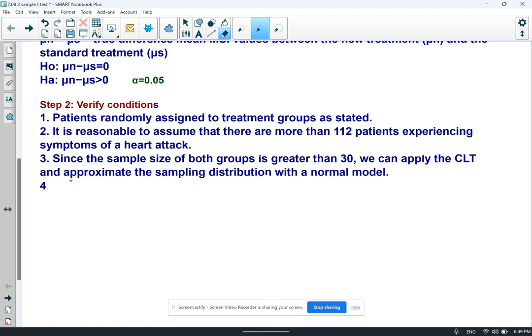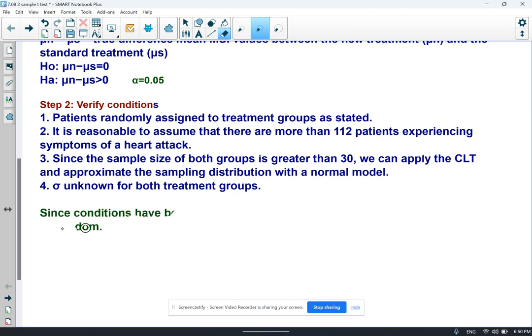And the fourth condition, you don't have to write it down, but again, I'm emphasizing it. The population standard deviation is unknown for both groups. That's why we're using a t-distribution. Since conditions have been met, the name of this test is called a two-sample t-test.